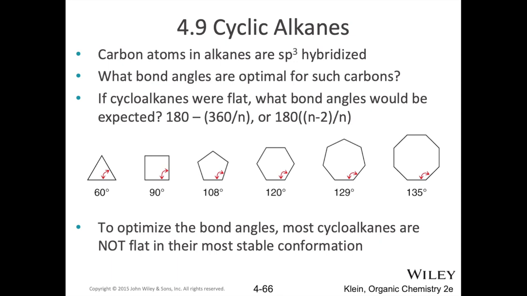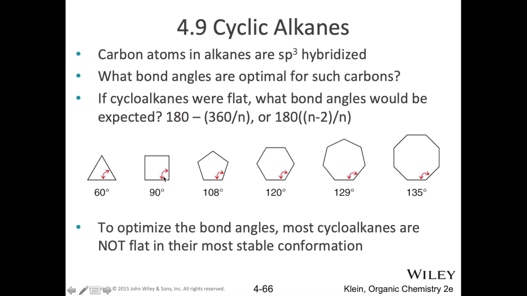But how does that compare to the bond angle for an sp3 carbon? Remember, sp3 carbons want to be tetrahedral and have a bond angle of 109.5 degrees. So 109.5 degrees versus 60 degrees is a pretty significant difference. So it turns out that cyclopropane is actually a very unstable molecule as a result of this bond strain, that angle strain.